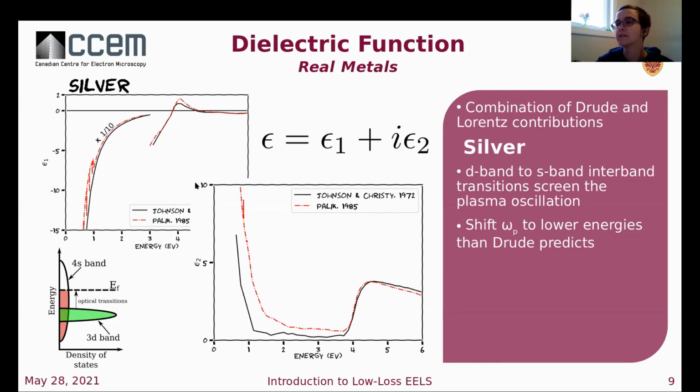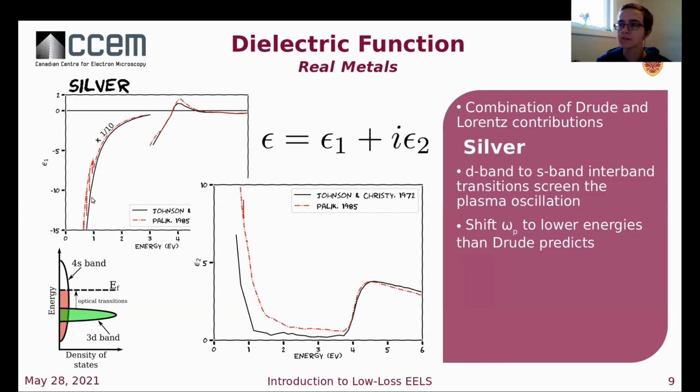In a real material, however, the dielectric function description is not so simple, and life is a lot more complicated. So if I take silver, it's a fairly general metal that exists in the transition metals of the periodic table. It's described by a combination of a Drude model and a Lorentz model.